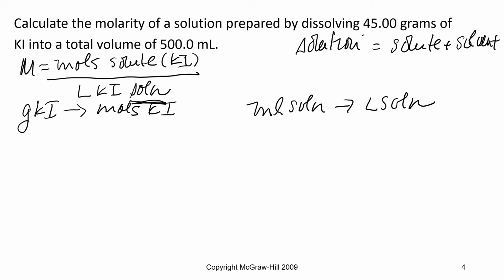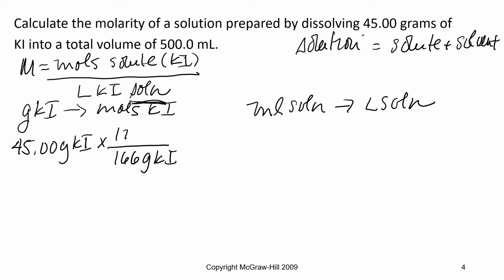And then we can set up our molarity equation. So we have 45 grams of KI. We need the molar mass to convert that to moles. And that molar mass is 166 grams of KI per 1 mole. So we have 0.271 moles.